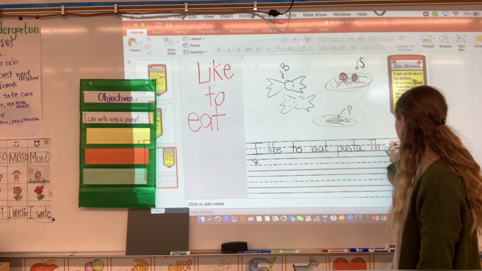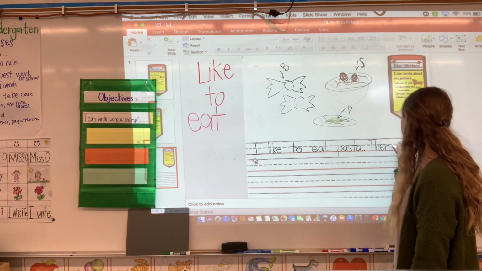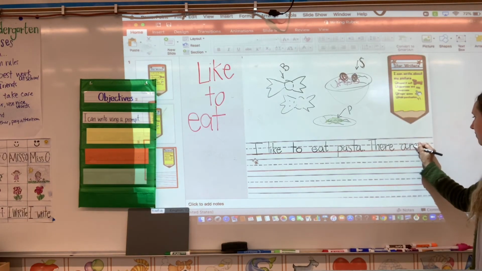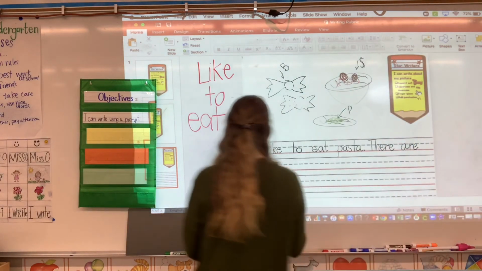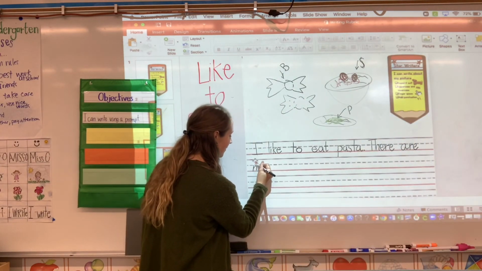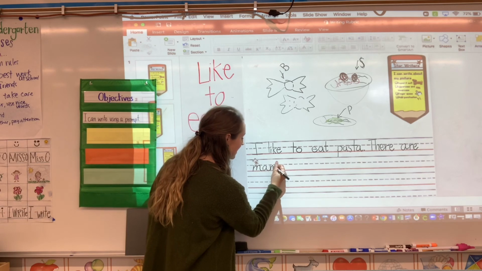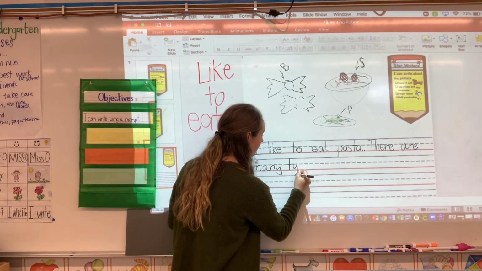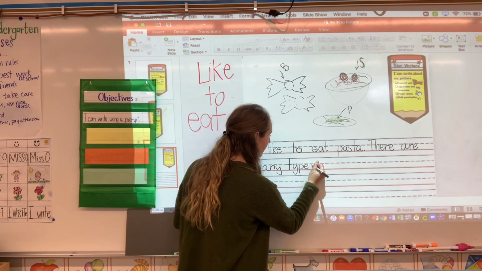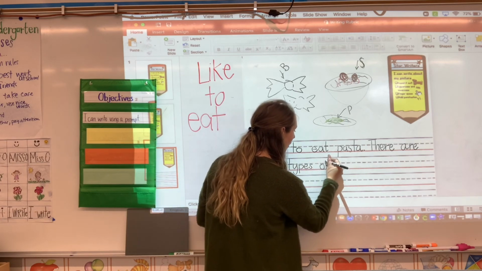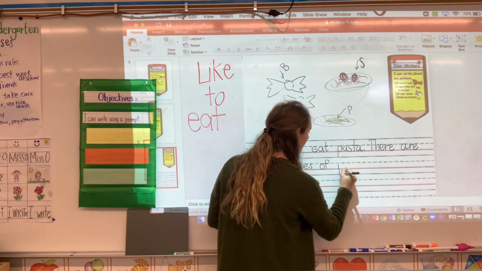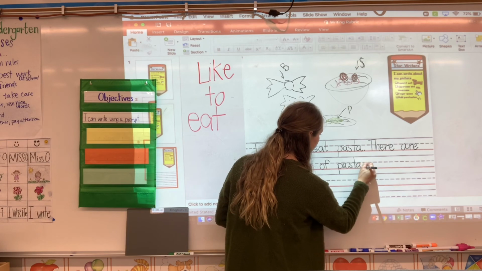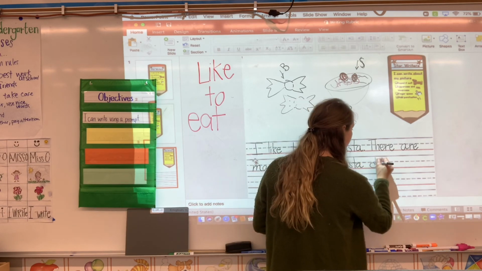There, T-H-E-R-E, are, that's another good sight word, A-R-E, many, many, types, of, O-F, that's another good sight word, pasta. Dishes. There are many types of pasta dishes.